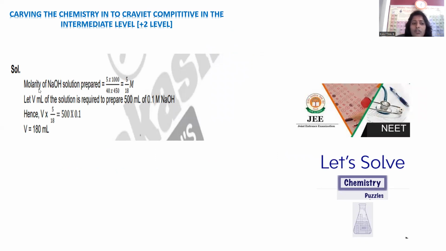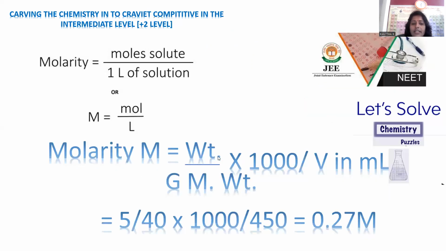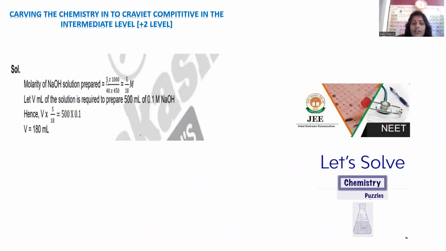First of all, we have to solve for the molarity of sodium hydroxide. The formula for molarity is weight by gram molecular weight of sodium hydroxide multiplied by 1000 by volume in ml. Weight is 5 grams of sodium hydroxide.